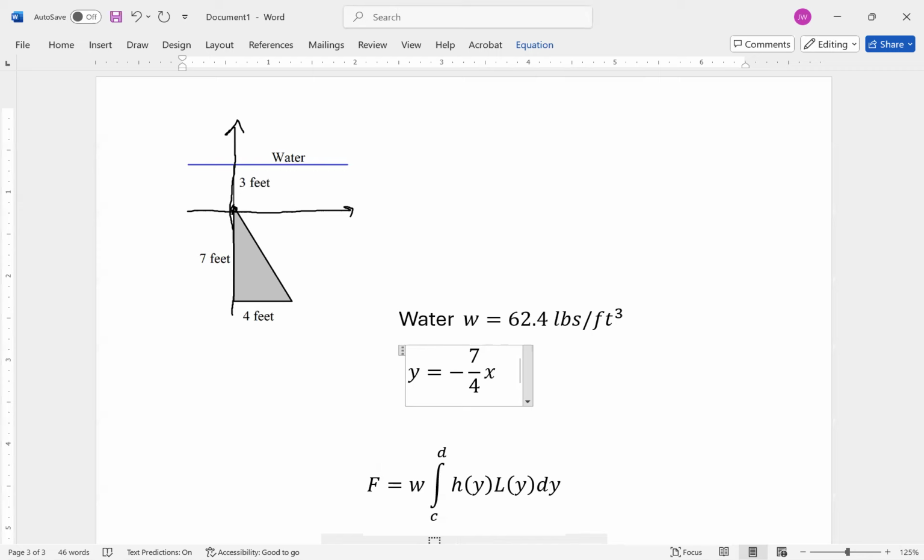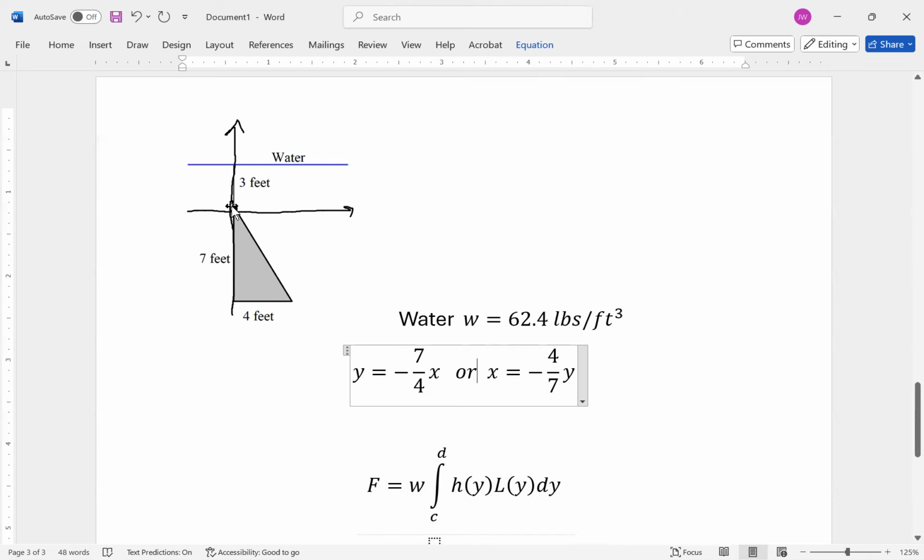Now, we don't want this to be y equals negative 7/4 x. We want this as x equals a function of y because we're going to be integrating with respect to y. So if I solve that for x, I just need to multiply times the reciprocal on both sides. So multiply times negative 4/7. And that's the right-hand side line.